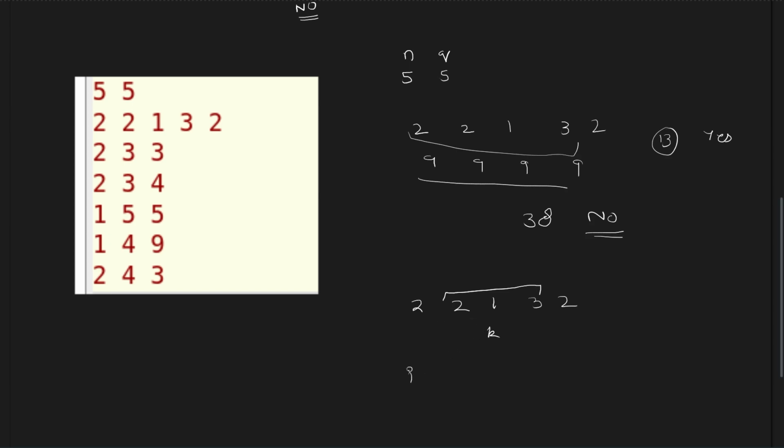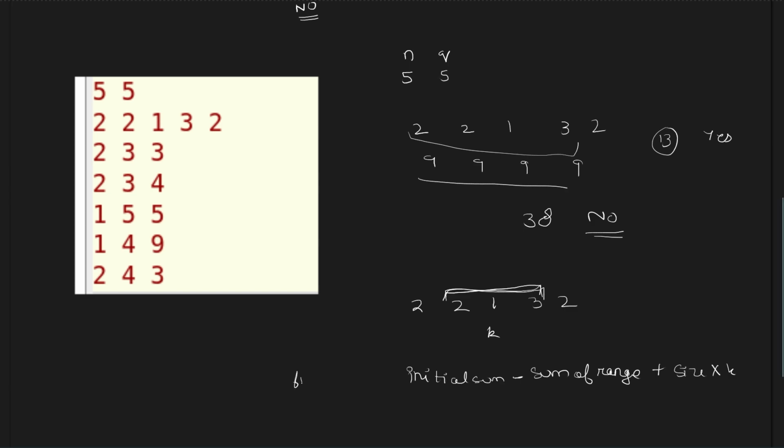If I know the initial sum, let me just take the initial sum, and I know the sum of this particular range, the final sum is initial sum minus sum of range, and I just add size into k, where size is the size of this particular range, and I just add it to my answer.